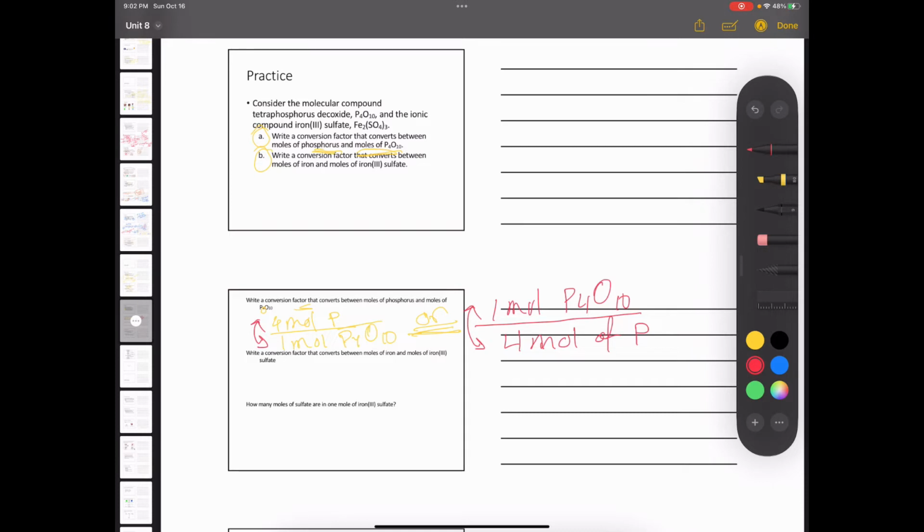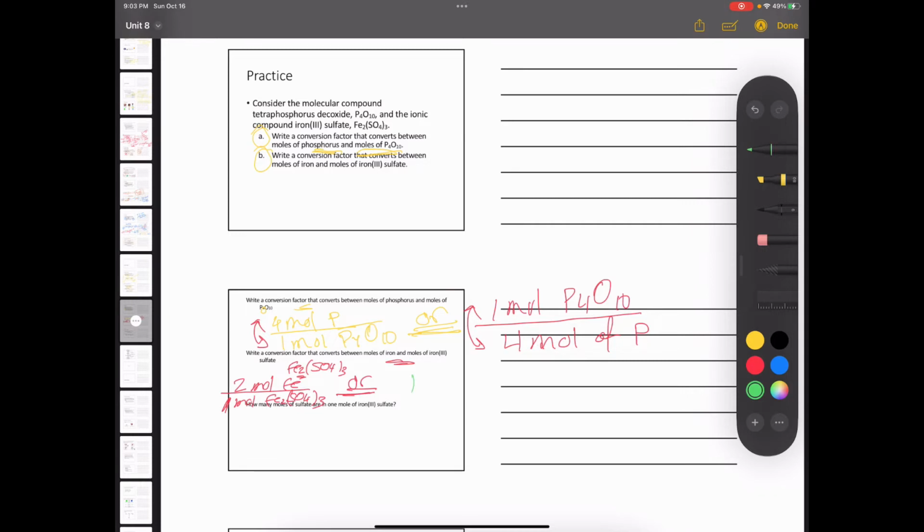The second part is to write a conversion factor that converts between moles of iron and moles of iron sulfate. And again, the formula that I have for the iron sulfate is Fe2(SO4)3, and I have 3 of the sulfate. So every 2 moles of iron exist in 1 mole of iron sulfate. Or I can rearrange this and it would still be correct.